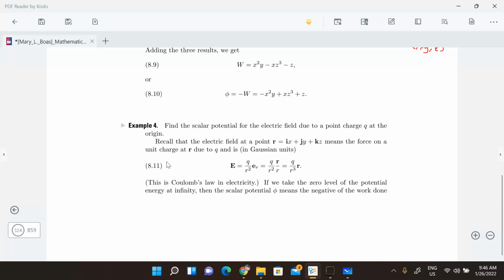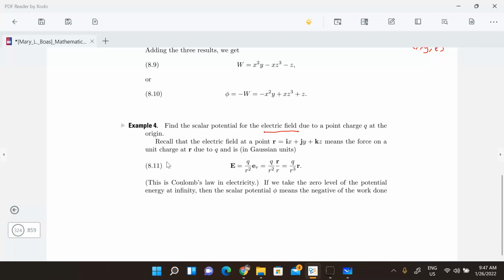Okay, where one looks at the electric field, okay, and what one does is to look at how it influences a particular charge by the electric field. Okay, so the electric fields are usually given.